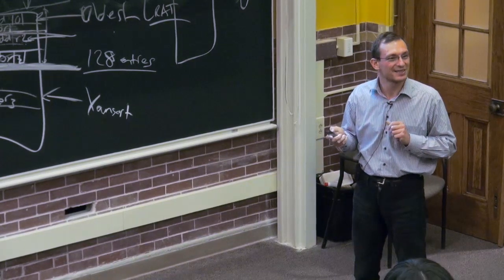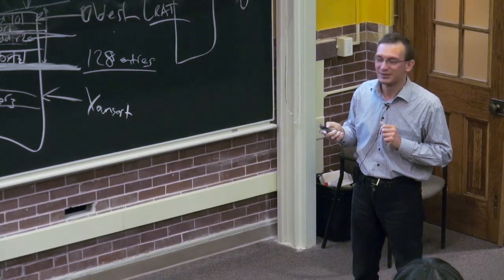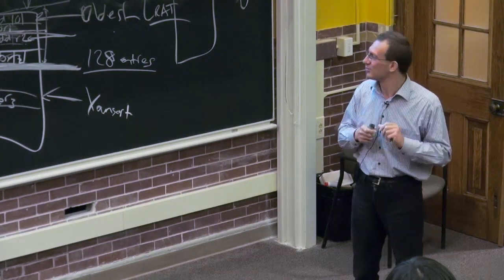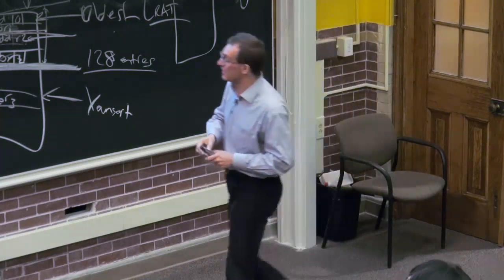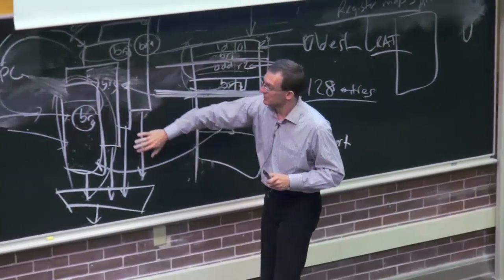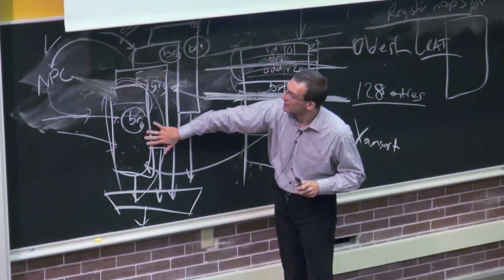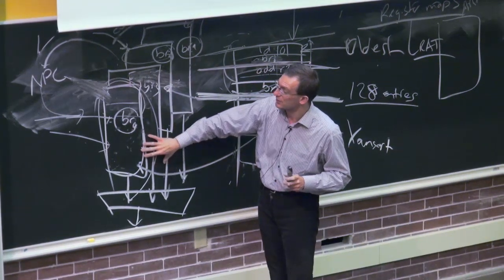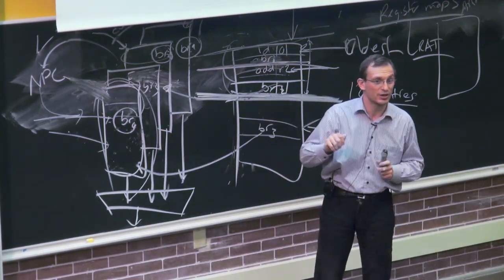OK, anything else? But hopefully you've seen how beautiful this is. All of these concepts are actually employed today. You do have this checkpoint that exists. I talked about Alpha 21264, and they did checkpoint on branches.